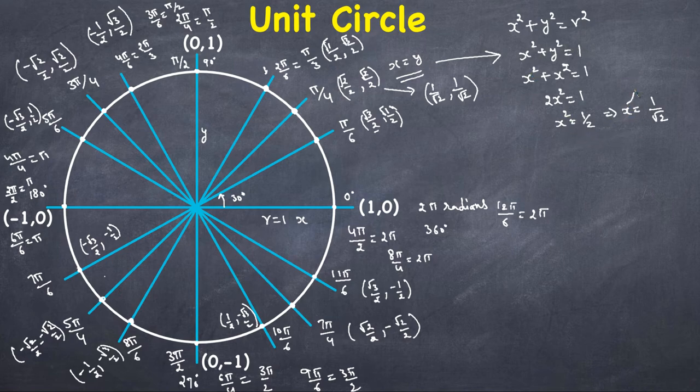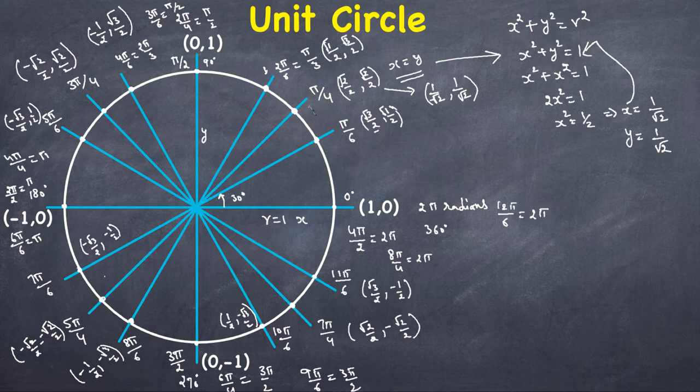So plug x back into your unit circle equation here, or we know x is equal to y, so y is also going to be 1 over root 2. So x and y is basically 1 over root 2 comma 1 over root 2 when the angle is pi over 4.